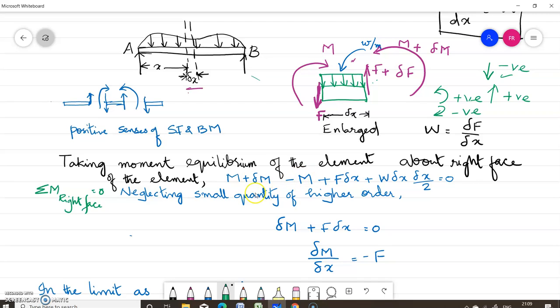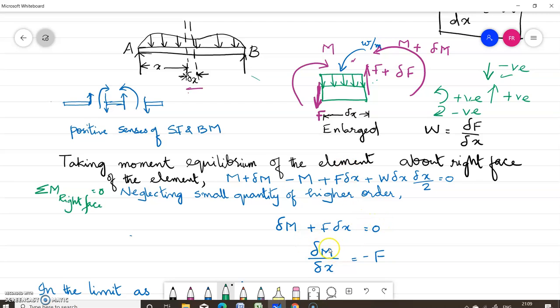So now let us neglect the small quantities of higher order. This delta x into delta x becomes delta x square, which is an even smaller quantity than delta x, so we can neglect this quantity. M and minus M cancel. So the remaining part of the equation is delta M plus F into delta x equal to 0.